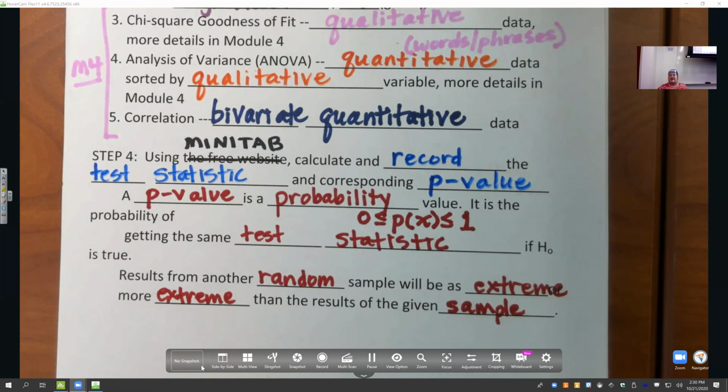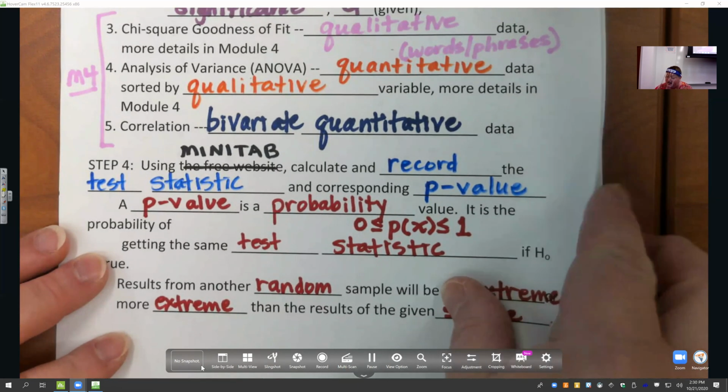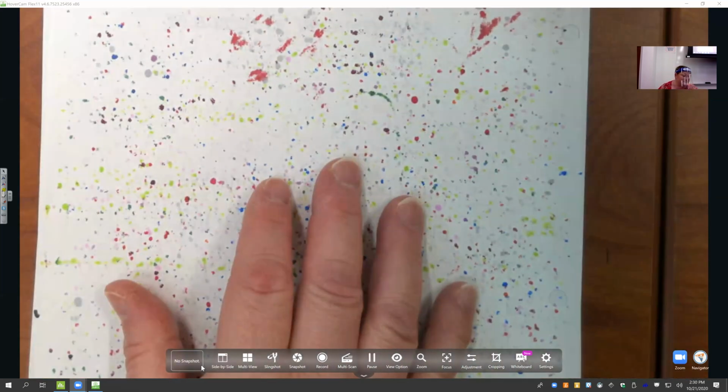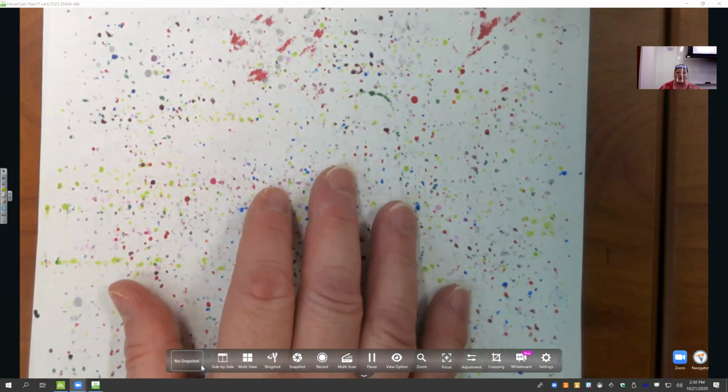So you've seen the evidence. Your test statistic is your evidence. Once the jury has seen the evidence, they go out to deliberate. So that's really where we are at step 5, the deliberations, where we're trying to make a decision about whether the defendant is guilty or not guilty.